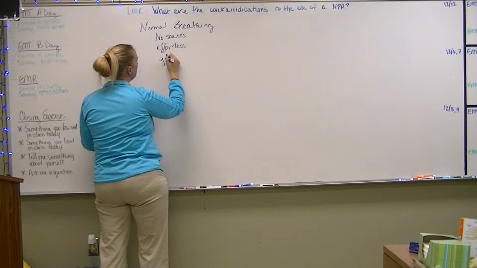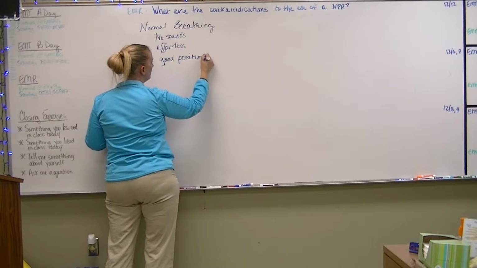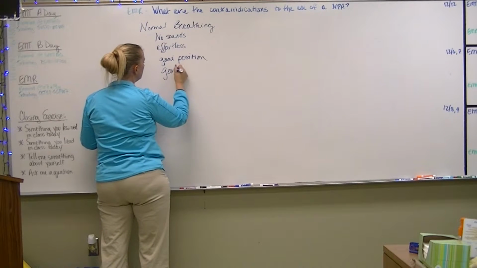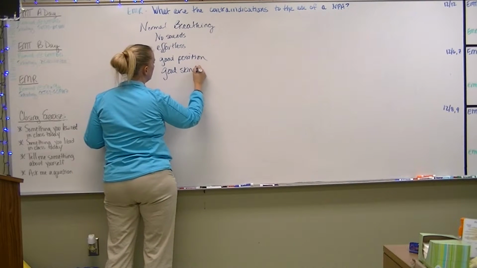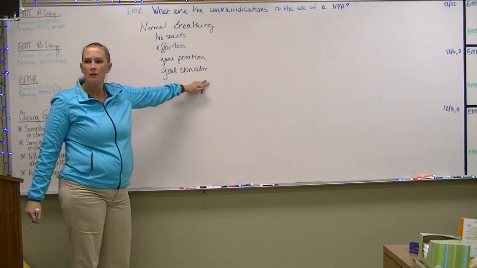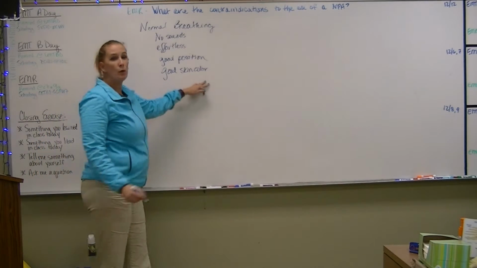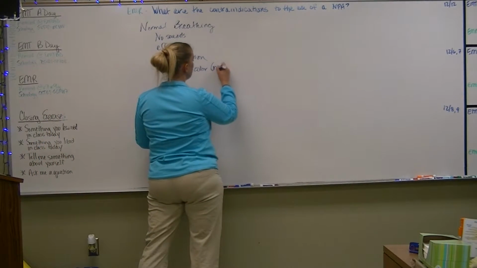They're in a good position. They've got good skin color. This means what? What does good skin color mean? Perfusion. They've got good perfusion, right? So we are not seeing any cyanosis.